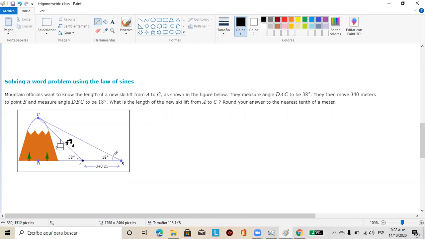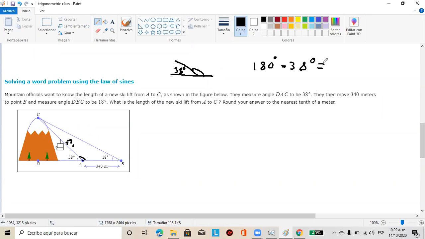So we have one angle, and we don't know the sides. But we can find this angle, because we remember that we have supplementary angles. If this is 38, the supplementary angle is equal to 180 minus the other angle.